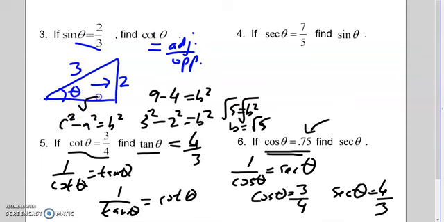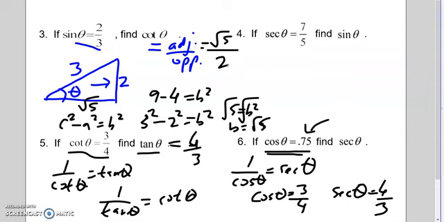So my missing side length on this triangle is square root of 5. And now I can solve the problem. So I need adjacent over opposite. So square root of 5 divided by 2. So that is the cotangent.